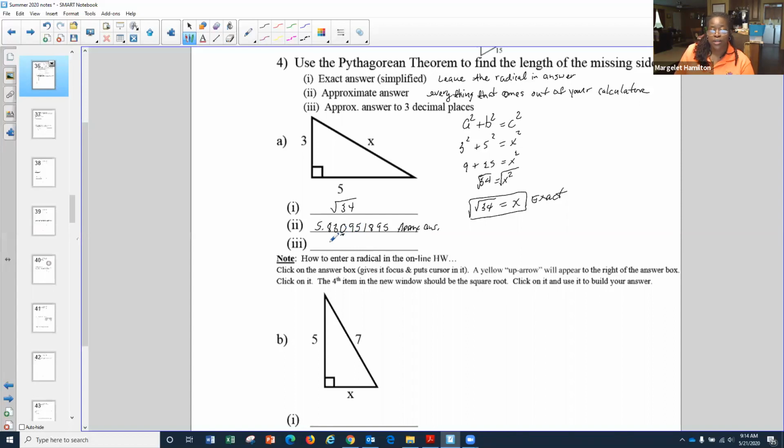So we'll get 5.831. So this is to 3 decimal places. Remember, make sure we know how to round. Make sure you're following the directions of your homework. Okay, let's go to the next one.